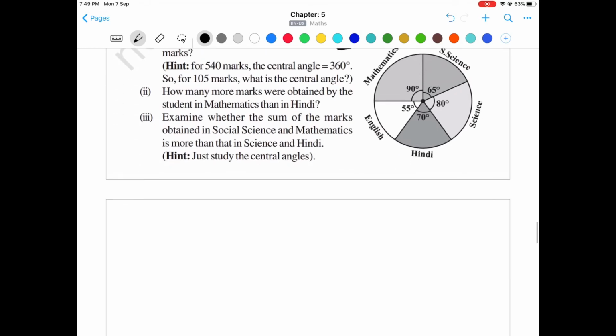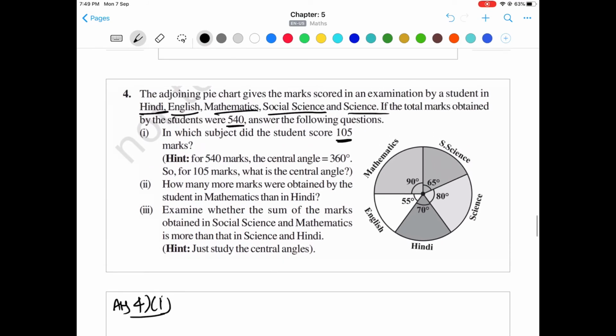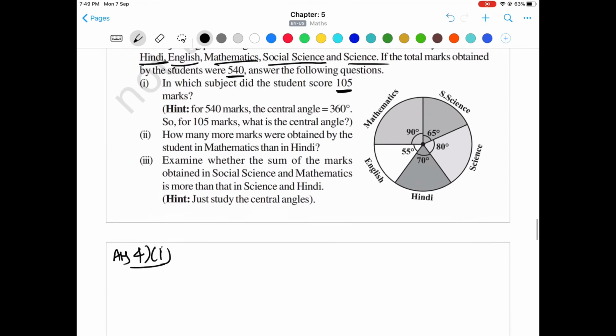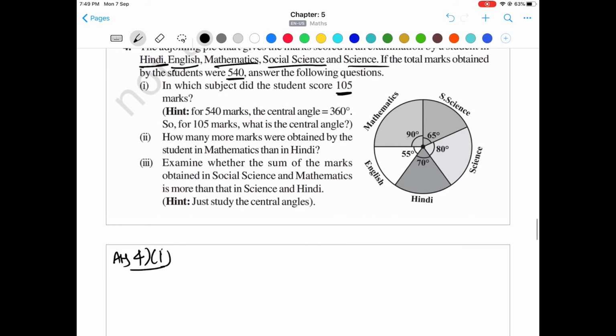So answer number 4, part 1 is, we are given that total number is 540.